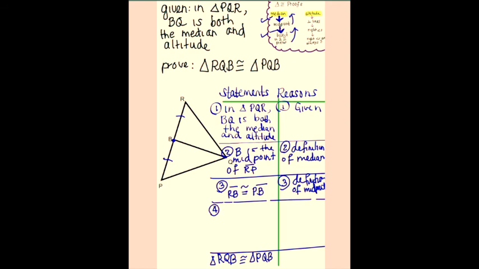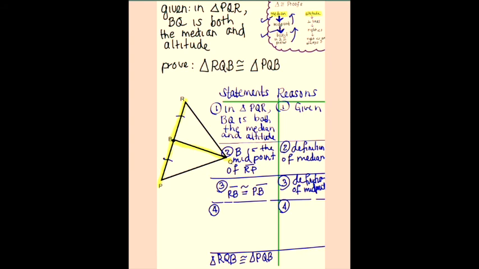For altitude, there's 3 things that I have to state. I'm going to write small because I don't want to run out of space. When we mention altitude, we have to talk about lines being perpendicular. So I'm going to look for the T-shape and outline that. We said QB is the altitude or BQ is the altitude. So this line is perpendicular to that line.